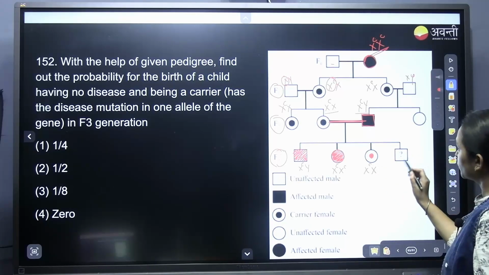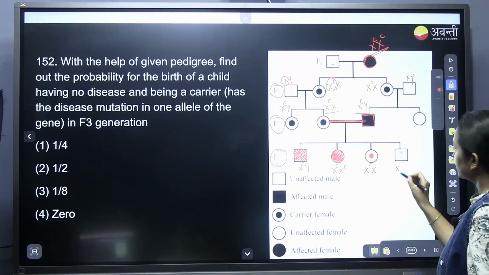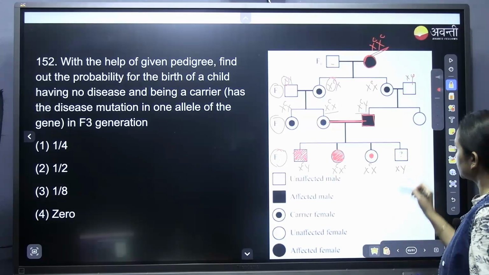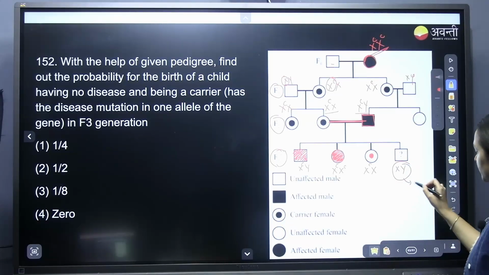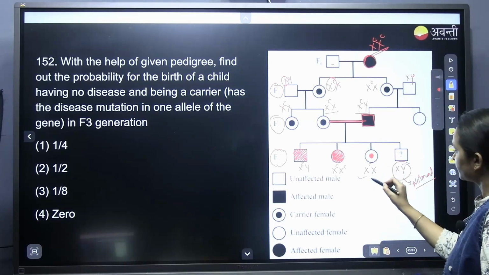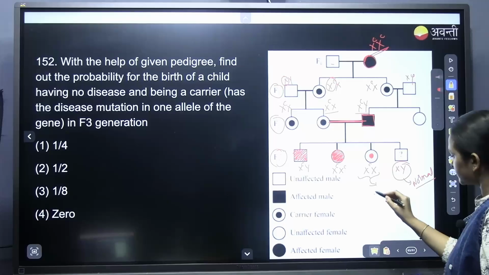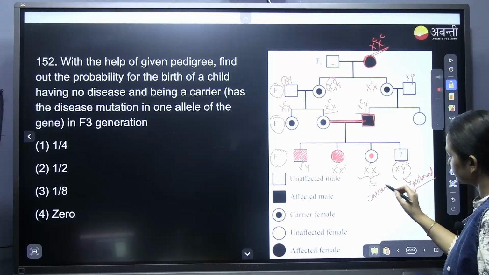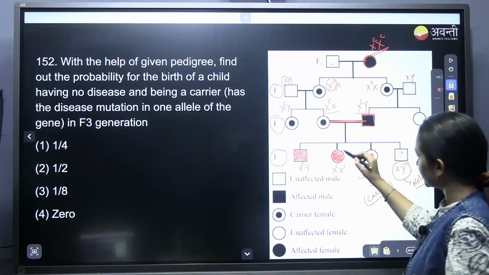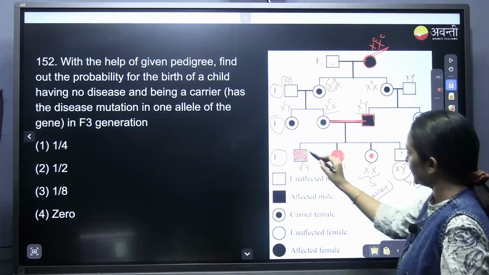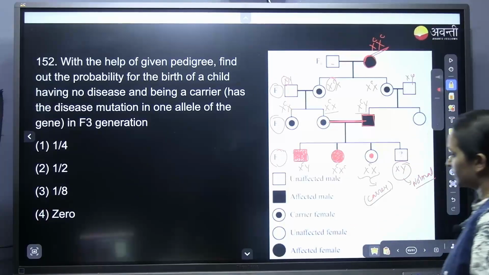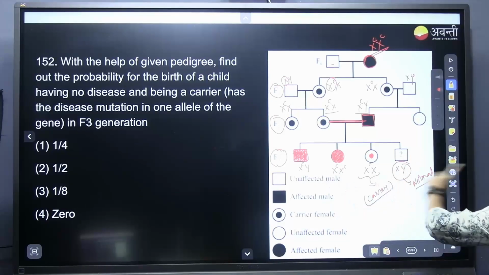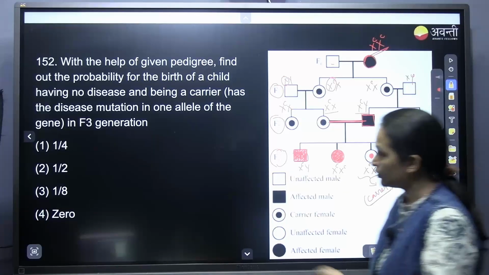And another one from the mother has got a normal allele, from the father Y, so this particular man is normal. This particular female here is a carrier, and this is totally affected, and this man is also affected. Okay, this is the genotype we'll get.